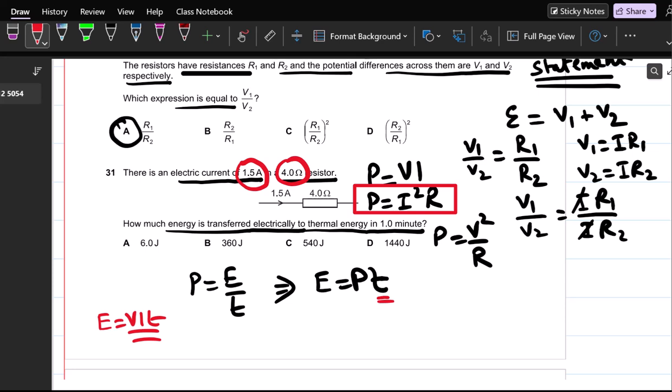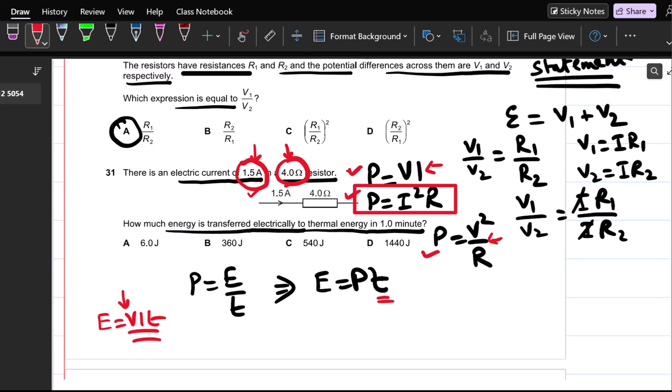Otherwise आपको क्या करना पड़ेगा, if you are using this or this or this, तो आपको वोल्टेज फाइंड करने पड़ेंगे और वोल्टेज नहीं गिवन. This is the beauty of these mathematical relations, that what data is given to you, according to that you can use these formulas. तो जो डाटा गिवन है उसके अकॉर्डिंग आप फॉर्मूला यूज करें.